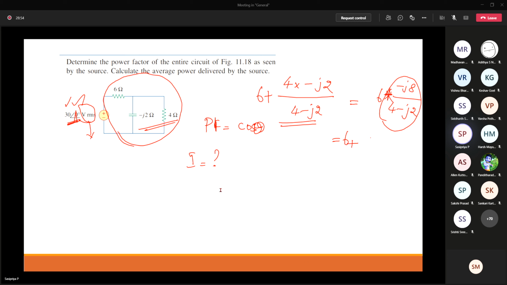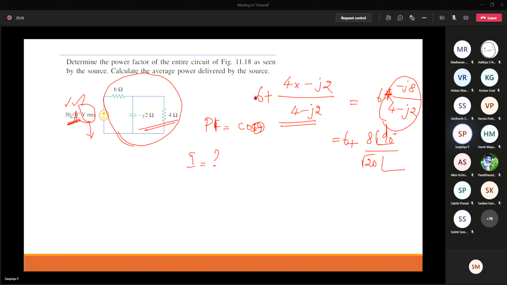So now this will be 8 angle minus B by A. A is 0, so tan inverse of infinity. What is tan inverse of infinity? Anybody? 90 degree or 0 degree? Tan inverse of infinity is 90 degree. So the angle is 90 degree, divided by the denominator, 16 plus 4, 20, so square root of 20.